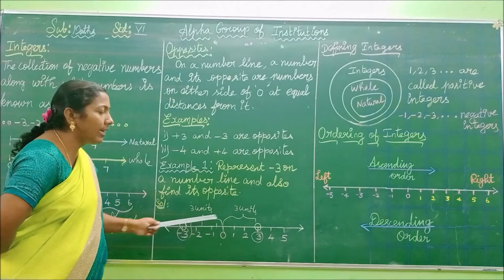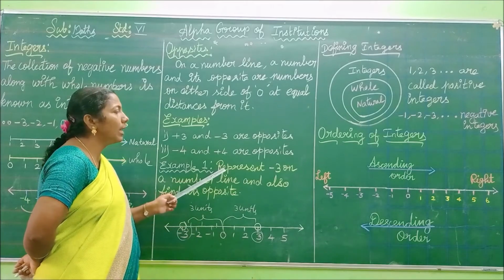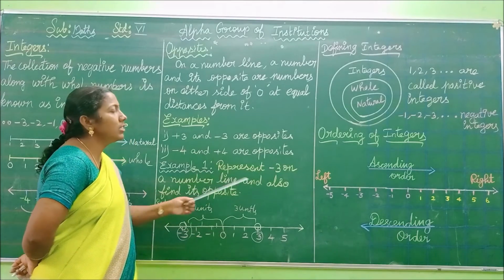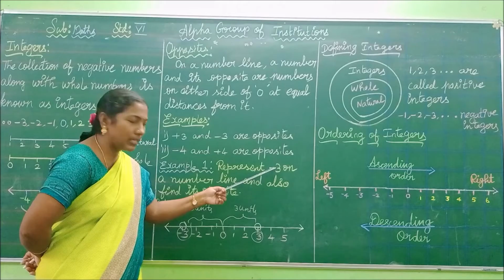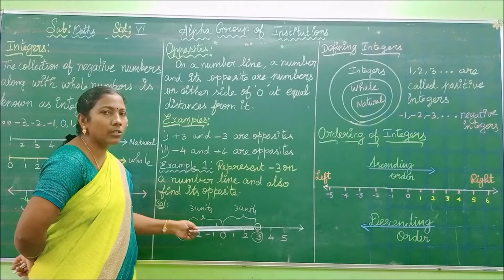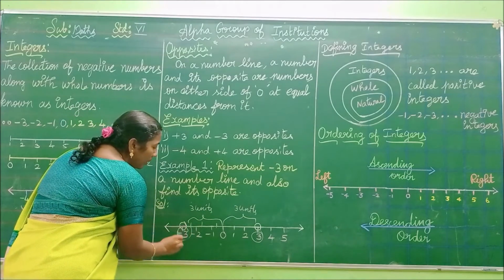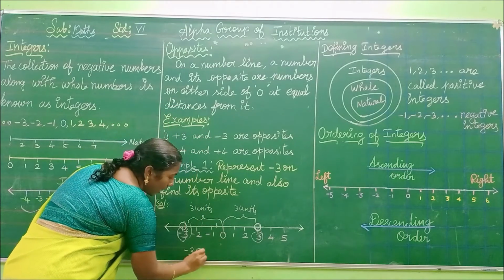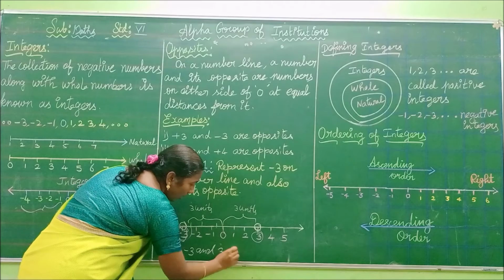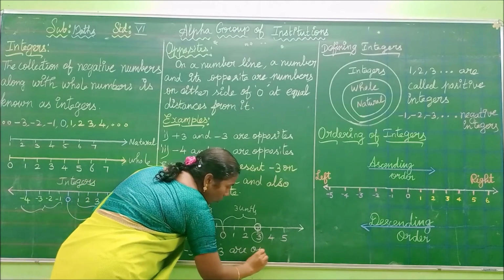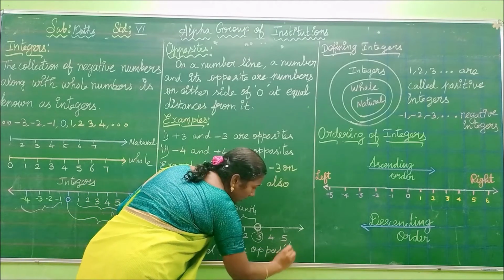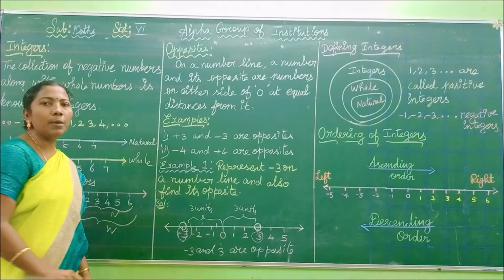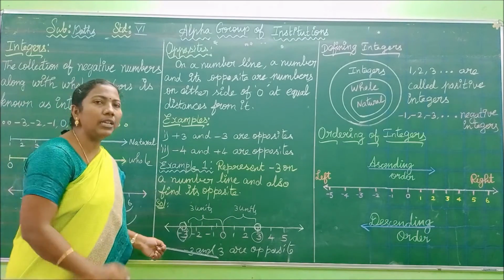After writing the numbers, you have to represent the number minus 3 and its opposite. Which is the opposite of minus 3? Plus 3. So you have to mark plus 3 also. Circle both the numbers minus 3 and plus 3 and write minus 3 and plus 3 are opposites. No need to write the symbol plus for denoting positive numbers. Write the number simply as 3 only.